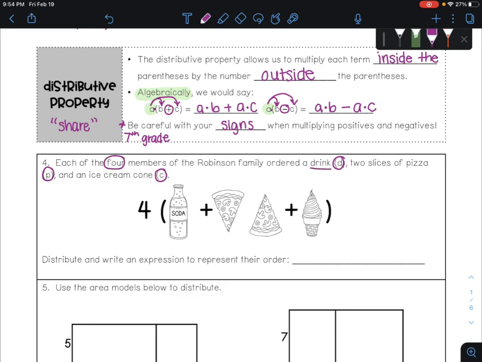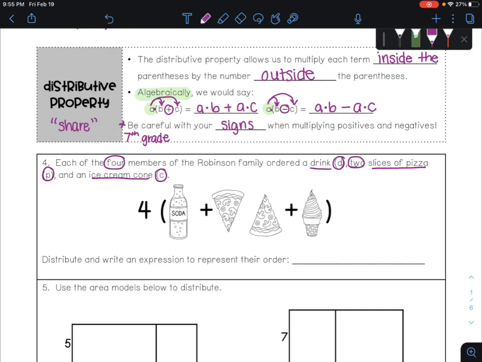So we had drink, that's what the letter D stands for, 2 slices of pizza, so 2 with the letter P, and an ice cream cone, C. So we have a little visual here, 4 outside of the parentheses, and then inside there's a drink, 2 slices of pizza, and an ice cream cone.